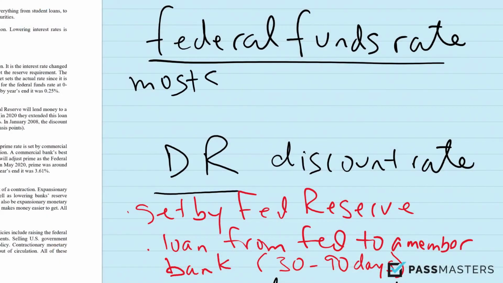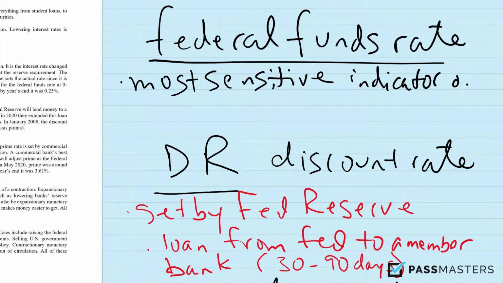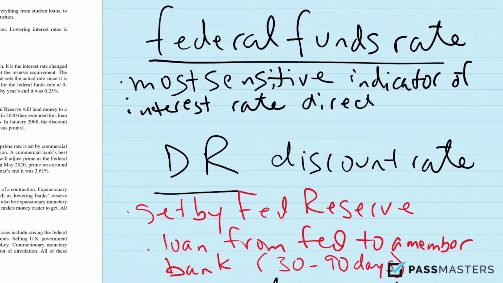So what is the federal funds rate, besides being the most sensitive indicator of interest rate direction? It is the shortest term loan. It is an overnight loan. The rate itself is not set by the Fed.